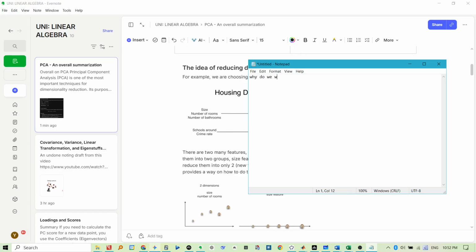Why do we want to find the axis, the direction that is most varied, that describes our data best?